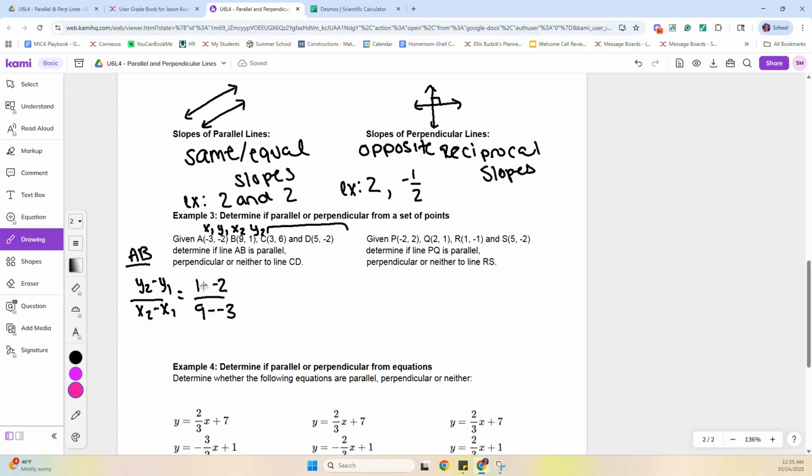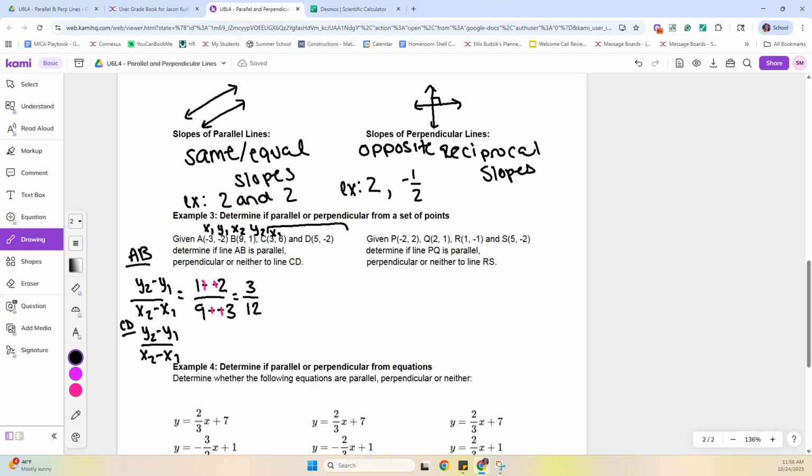It looks like I have to add a line, change the sign, add a line, change the sign. I get 1 plus 2 is 3, 9 plus 3 is 12, so I get 3/12 here. Technically I could simplify that, but I'm going to wait and see if I have to. So that's AB. Then for CD, I'm going to do the same thing: y2 minus y1, x2 minus x1.